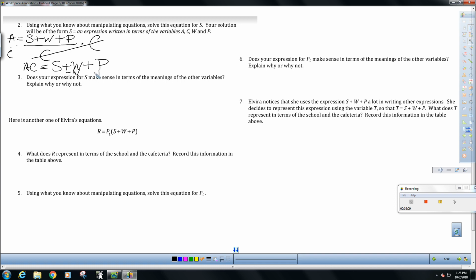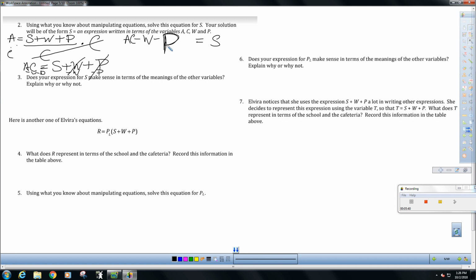Subtract P from both sides, right? So we're going to end up with S equal to A times C minus W minus P. AC minus W minus P. That is our answer for S.